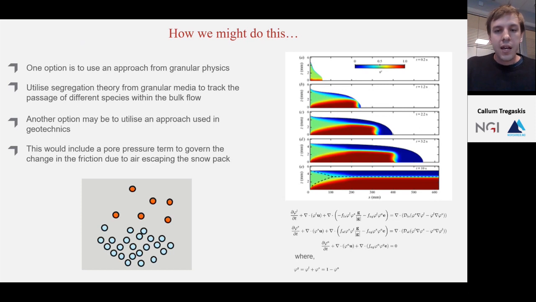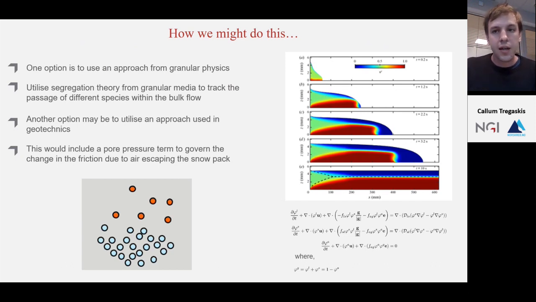So how do we go about trying to model this? We're looking at various options in the group here, at the NGI, and we're trying to take an approach from granular physics. We want to look at how we can use theory from granular physics in order to track different media throughout the bulk flow of an avalanche.